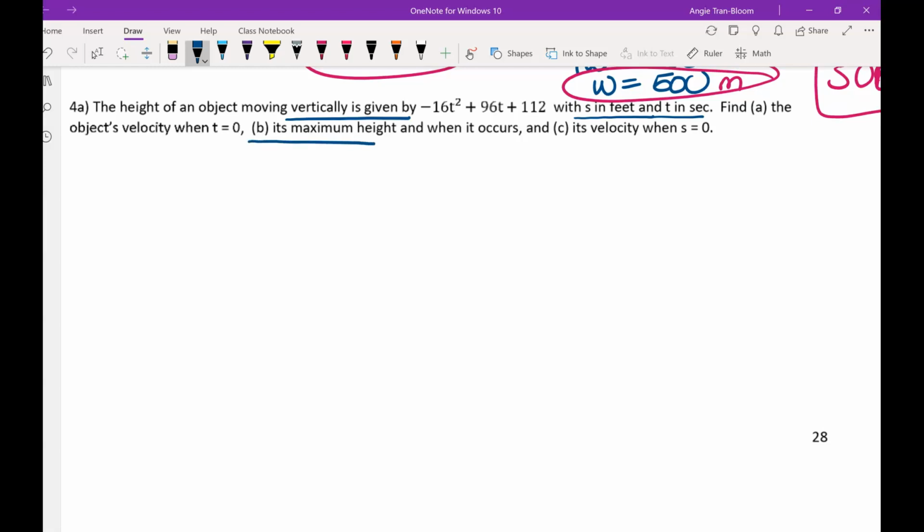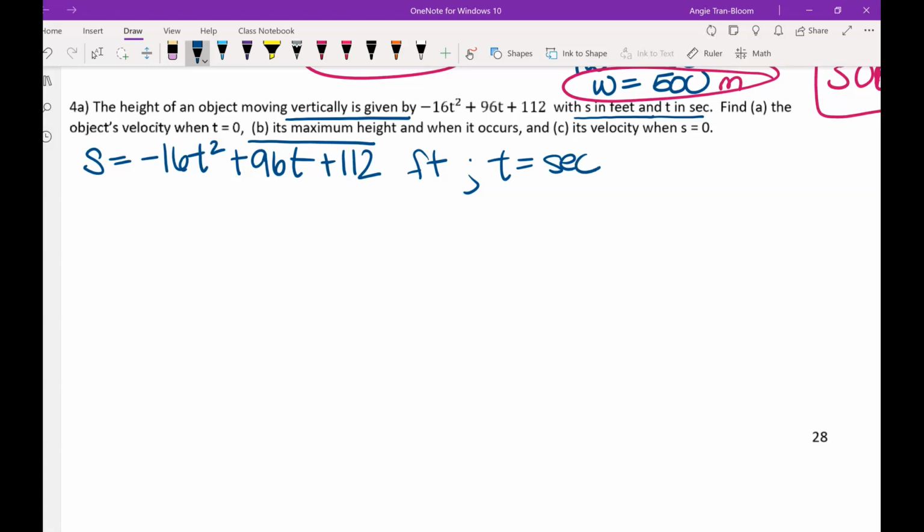Part B, find the maximum height and when it occurs. And C, when the position is 0, find its velocity. All right, so we are given position is negative 16t squared plus 96t plus 112, and it is measured in feet, and time is in seconds, okay?